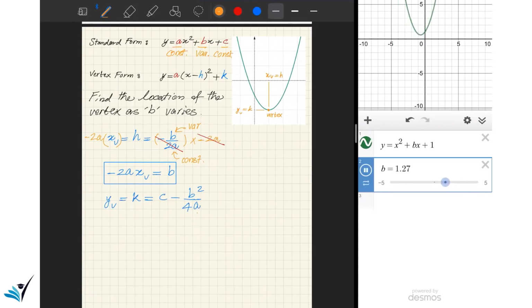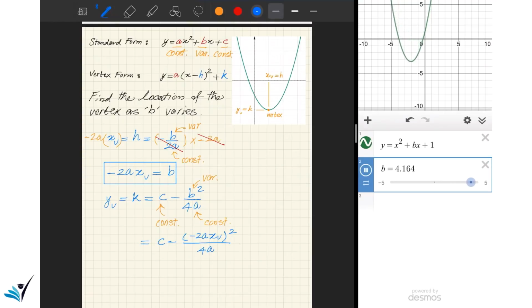In this equation, again, a is a constant, c also is a constant, and b is a variable, and I have already calculated b in terms of a and x sub v. So let's go ahead and substitute that value into this equation. I have c minus, instead of b we have negative 2a x sub v, the whole expression squared, divided by 4a.